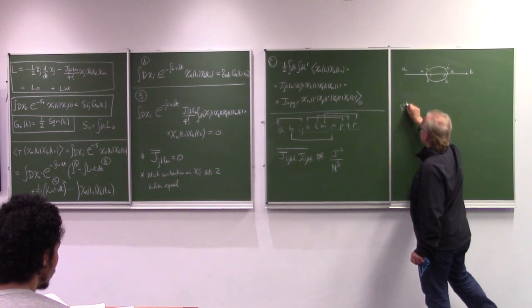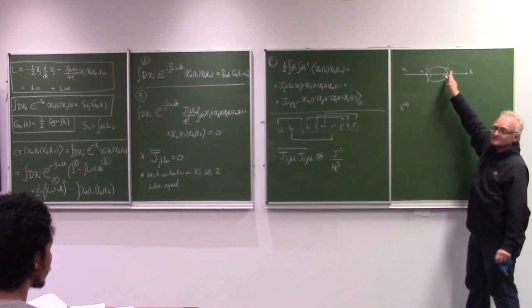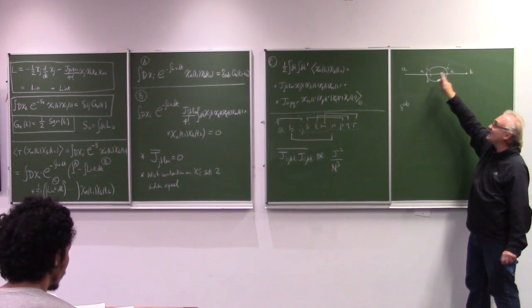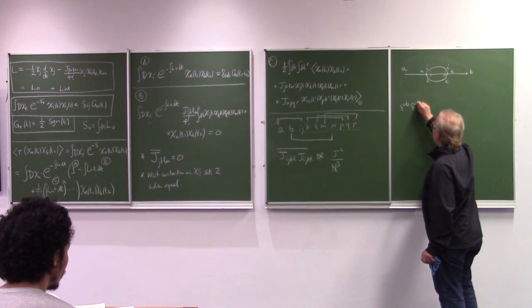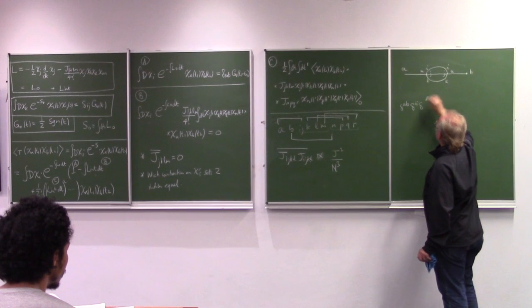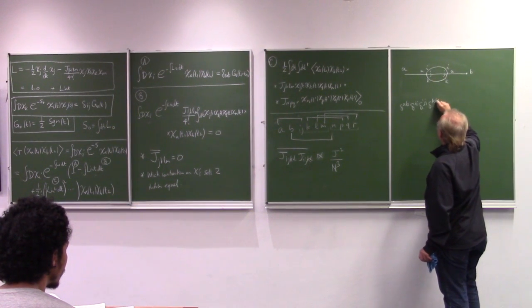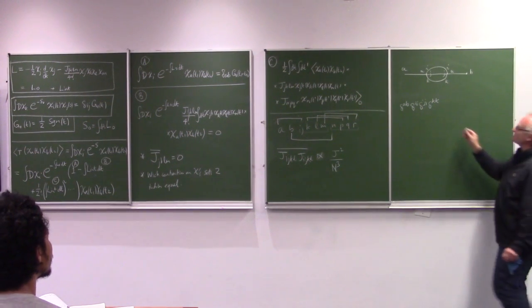We get a delta AB. What are we going to get from the top line? Delta II, delta JJ, delta KK. And then we can put on the Green's functions.